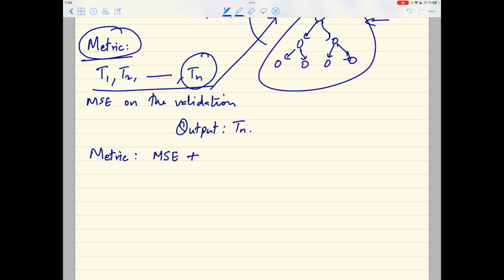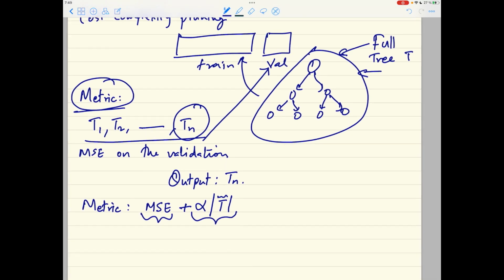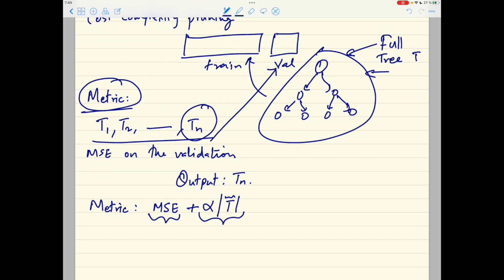The penalty term looks as follows: you have a penalty parameter alpha multiplied by the number of nodes of the subtree that we are extracting. Not only do we want to minimize the mean squared error, we also want to keep the complexity low, because if we extract a highly complex subtree, most likely the generalization error won't be good, which was actually the problem to begin with.